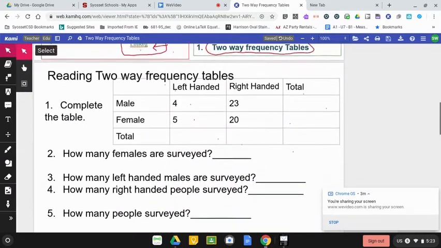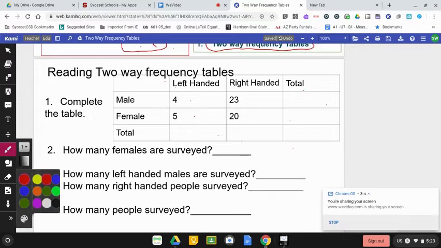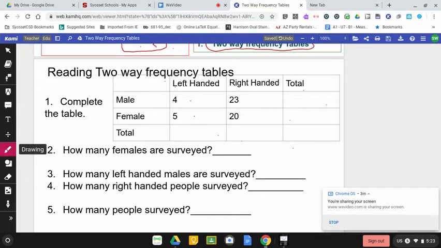So, to read a two-way frequency table, if we'd like to compare two types of people, left-handed and right-handed people, and decide if being male or female may have some sort of an implication on being left-handed or right-handed, we might make columns and rows, a two-way frequency table.